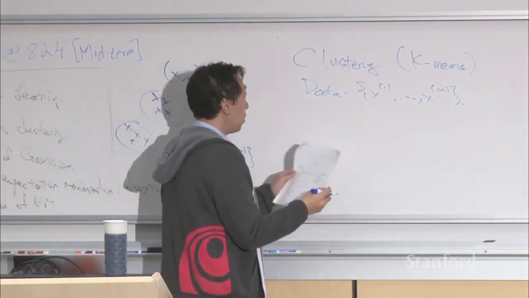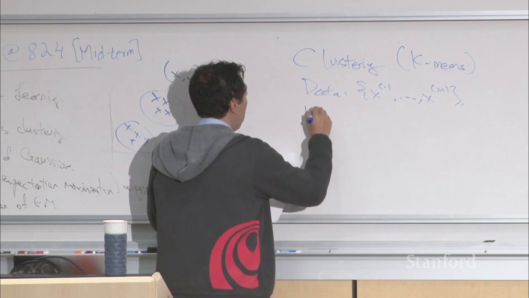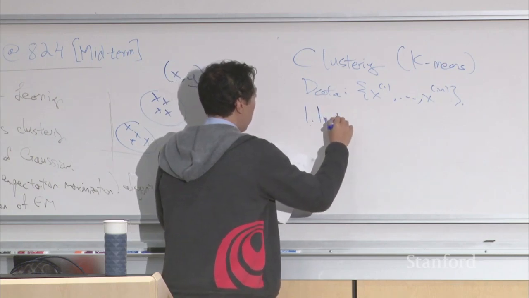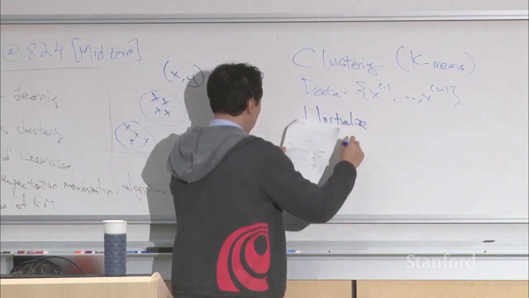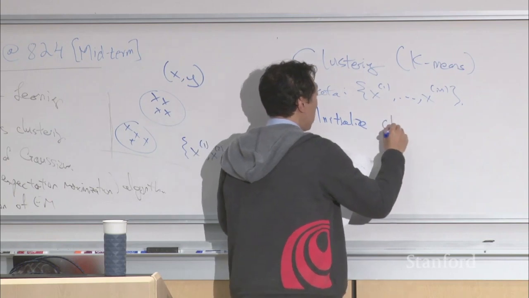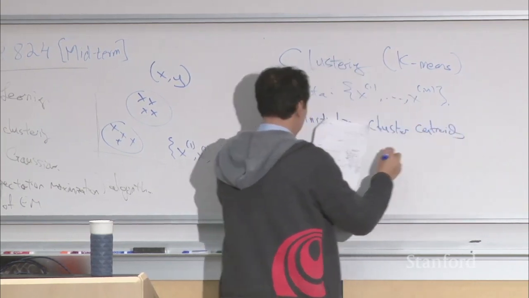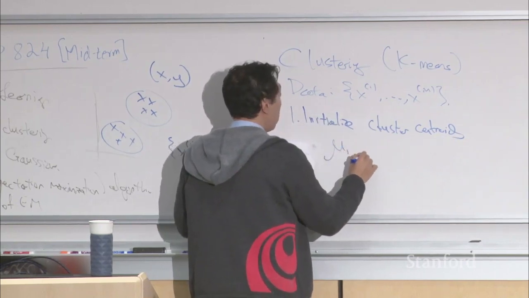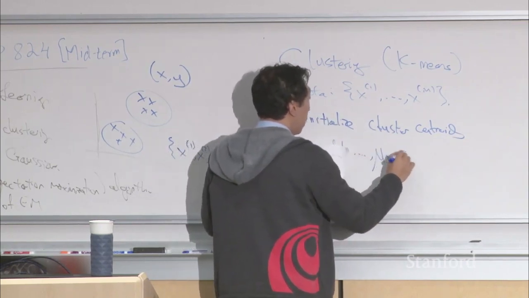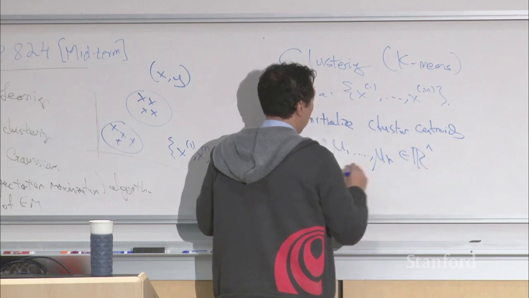And so in k-means, step one is to initialize the cluster centroids. I'm going to call them mu1 up to mu k, randomly.